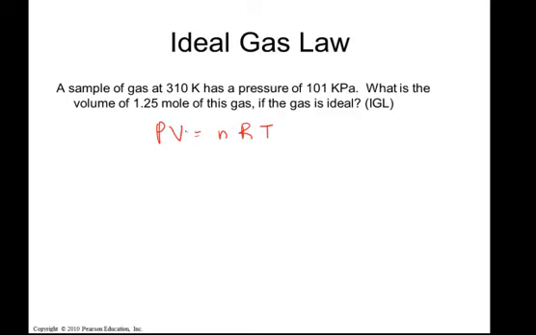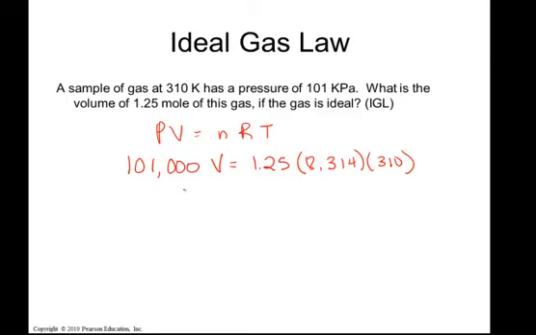It says my pressure is 101 kilopascals. I'm going to need this in pascals, so I'm going to multiply this by 1,000. I want to know the volume. I have 1.25 moles of a gas. I'm going to use my ideal gas law constant, 8.314, and my temperature is 310 Kelvin.